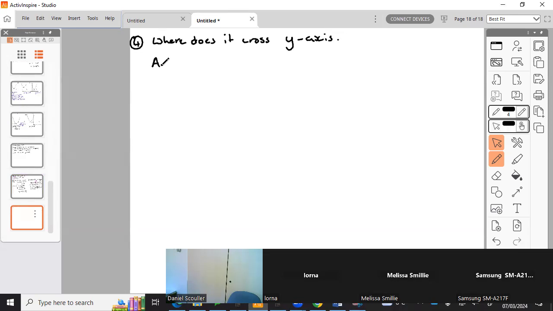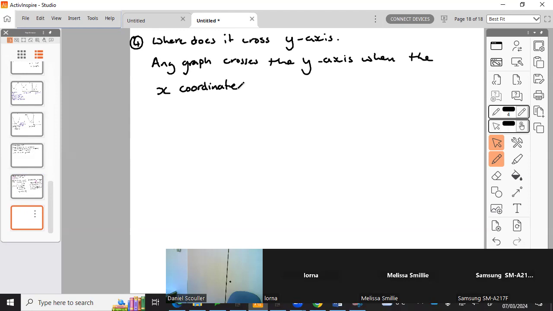Any graph crosses the y-axis when the x coordinate is equal to 0.